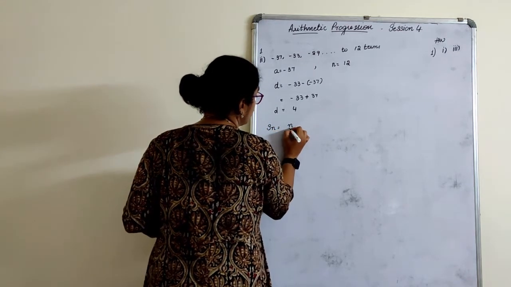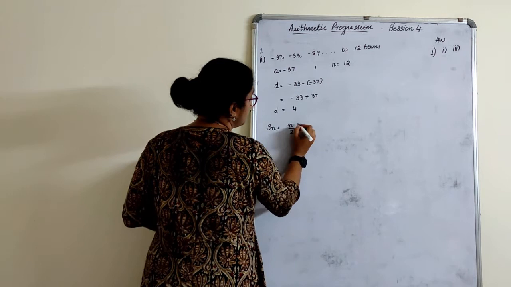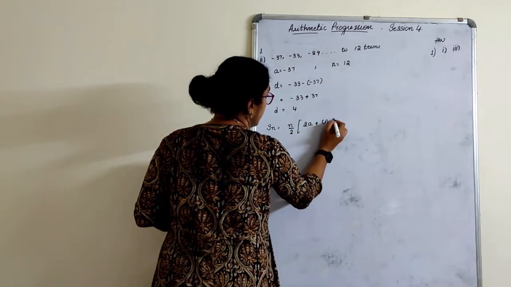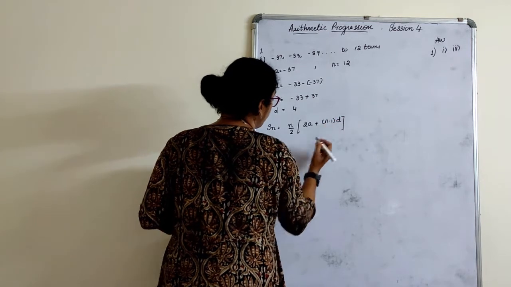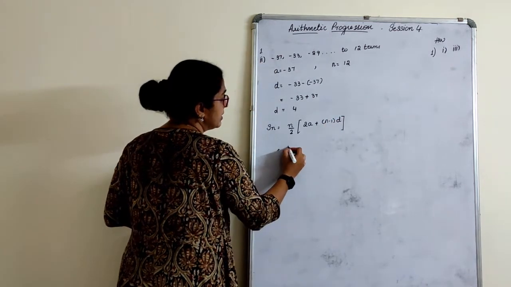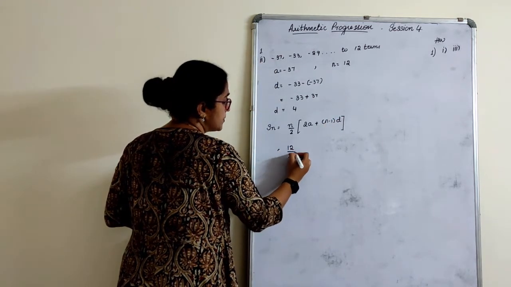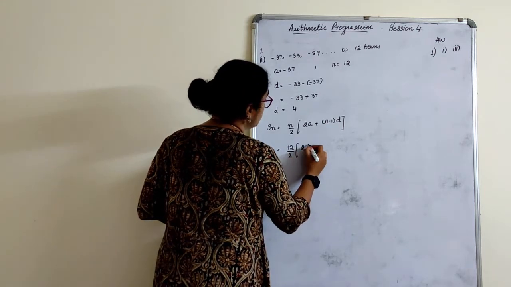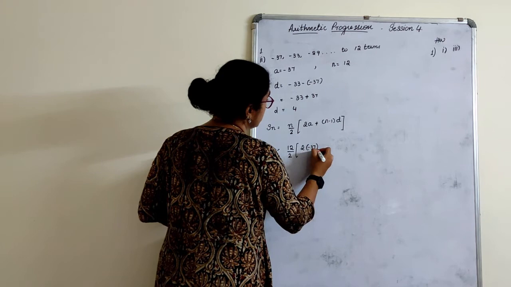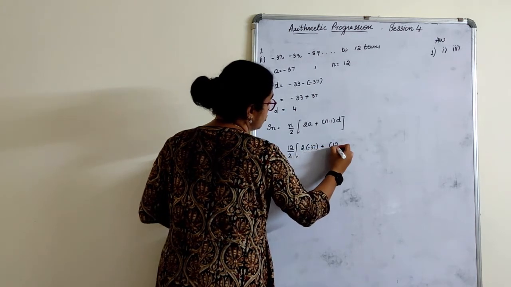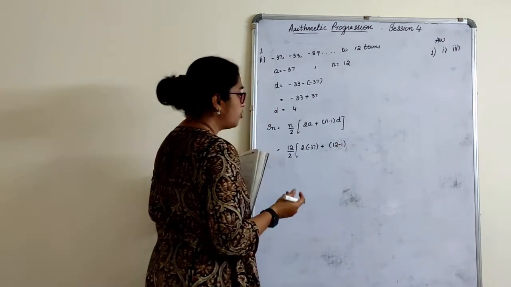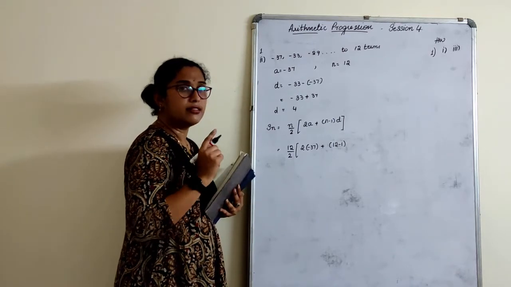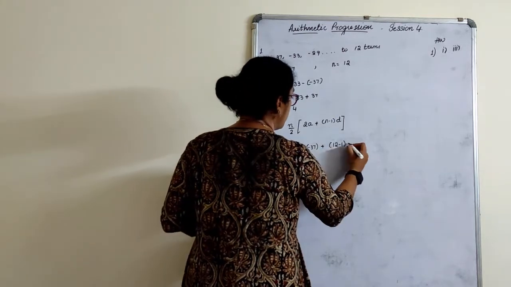Write the formula. n by 2, 2a plus (n minus 1) d. n is 12. All the steps are compulsory. 2a, a is 2 into minus 37, plus 12 minus 1. Now I know 12 minus 1 is 11, but do not write 11d immediately. All the steps are very important as I have told.